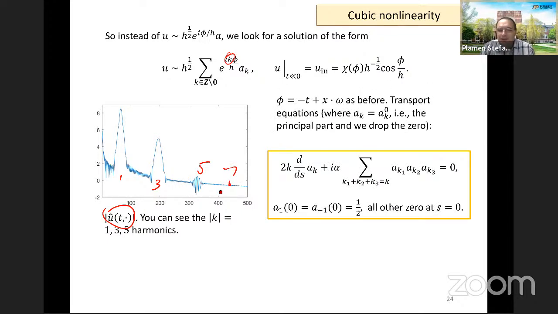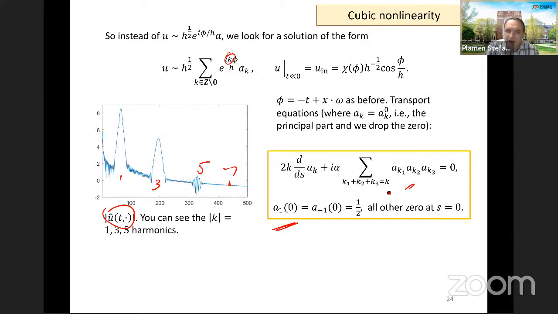And again, you take this linear phase, and the transport equations are kind of similar to before, but actually the transport equations form a system. And that system is infinite dimensional, and it's not linear. Of course, this is a discrete convolution, but it doesn't help so much to know that. So the transport equation is actually as hard to solve as the original equation.